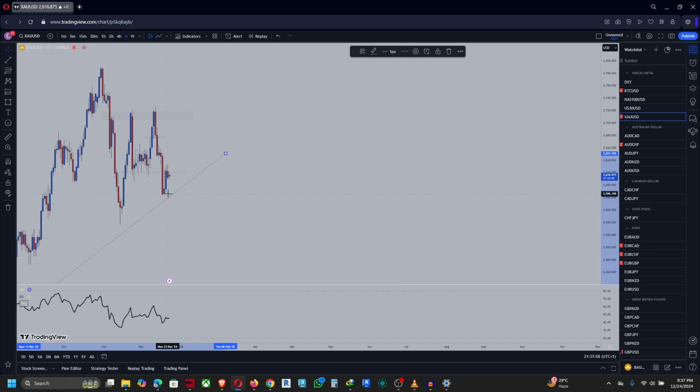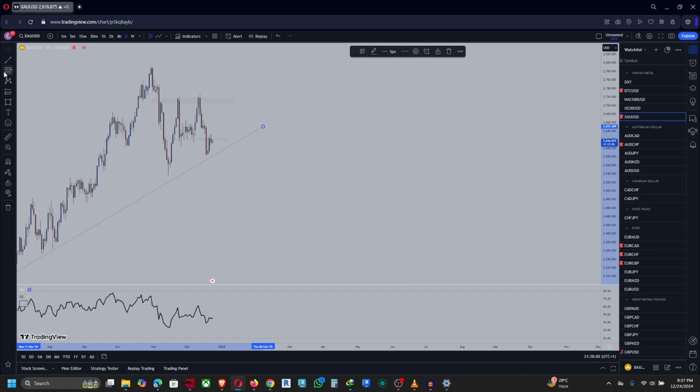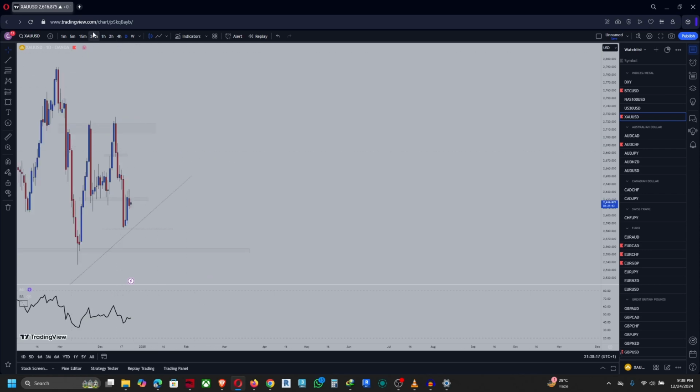A sell here is not the best thing. Rather, if price breaks this zone, a sell is very valid. If it breaks this, a sell is valid. Even if price breaks this level and it gives you a short-term sell on the lower time frame, it's still valid. So for now, there's really nothing.